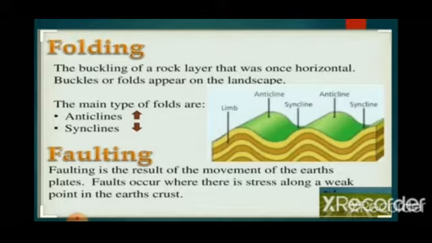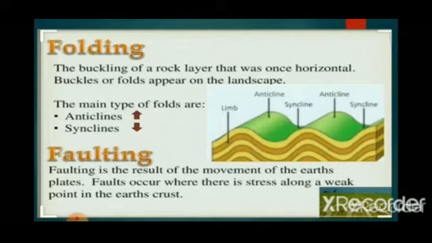Usually we can say that an anticline is in the form of an arc and a syncline is U-shaped. So I think you understood what an anticline is. You can see that it has an arch form, it is called an anticline, and that U-shaped portion is called a syncline. This folding results in the formation of anticlines. Faulting is formed as a result of the movement of the earth's plates.